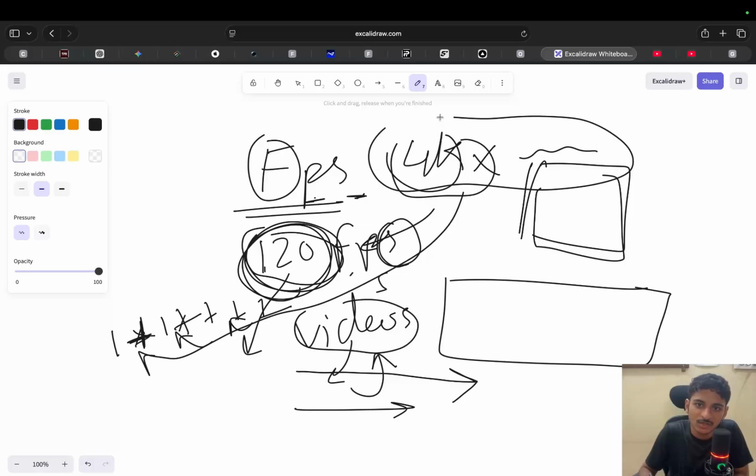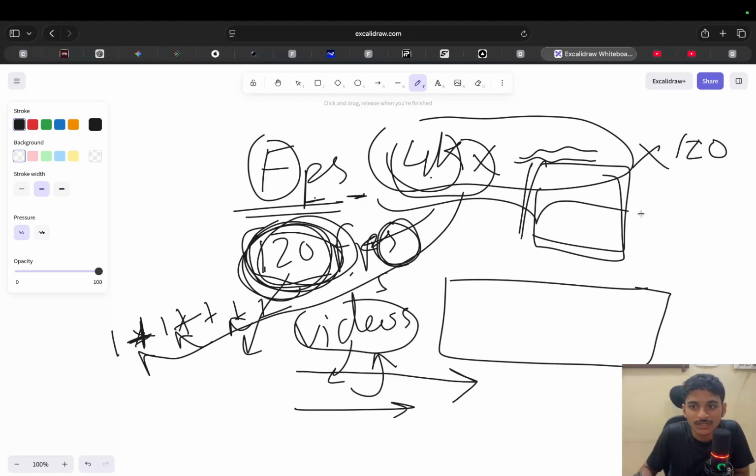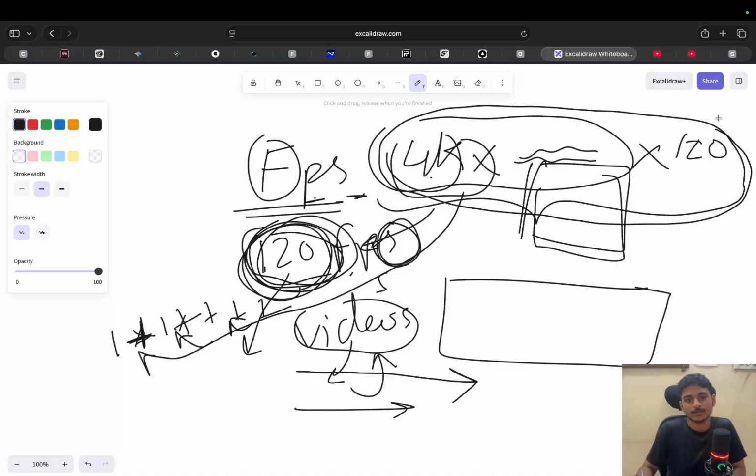So this into maybe 120 fps, right? So per second it will be 4000 into the width into the 120. This much memory is used by the computer for 1 second of 4K video.